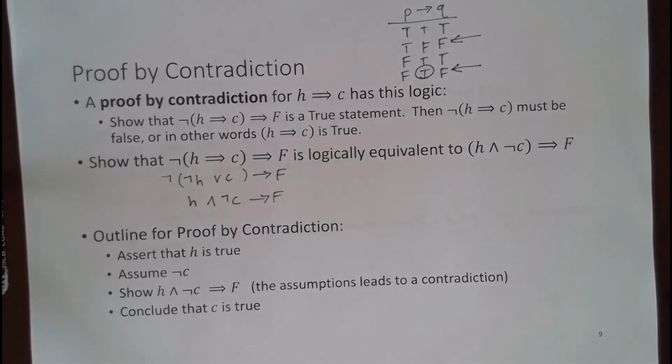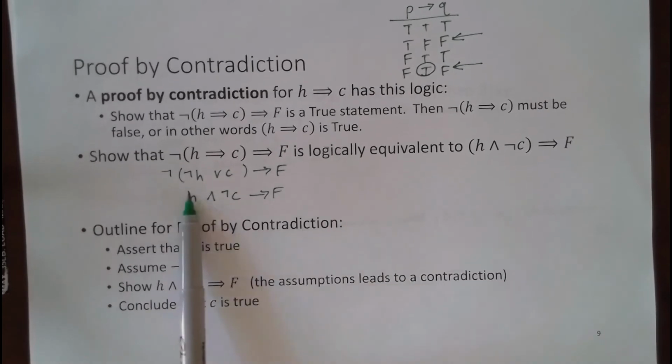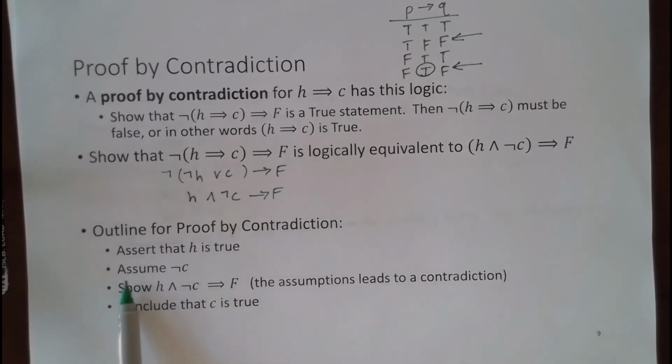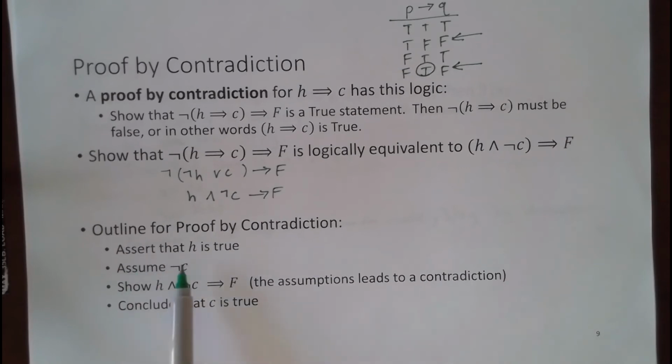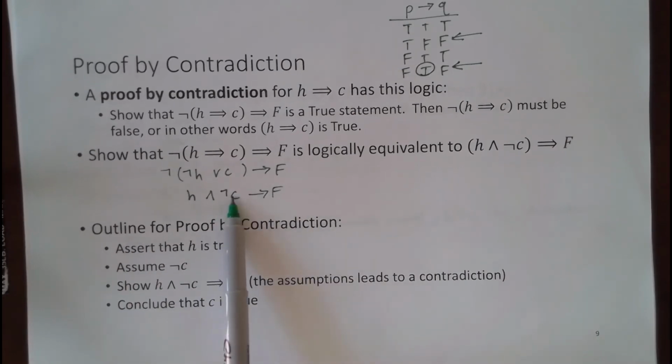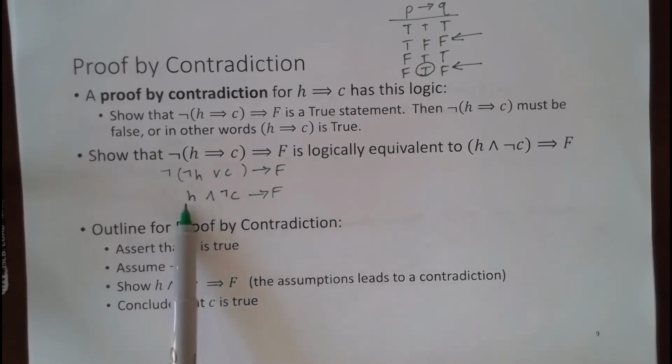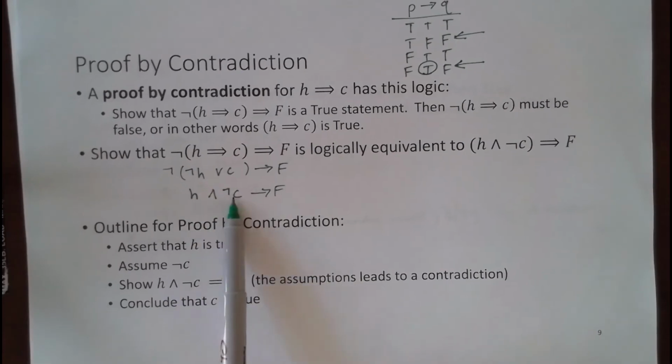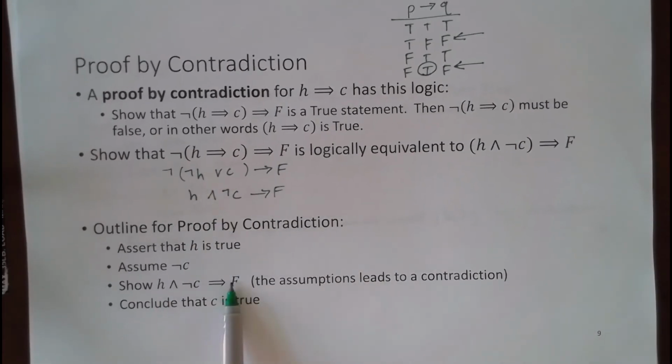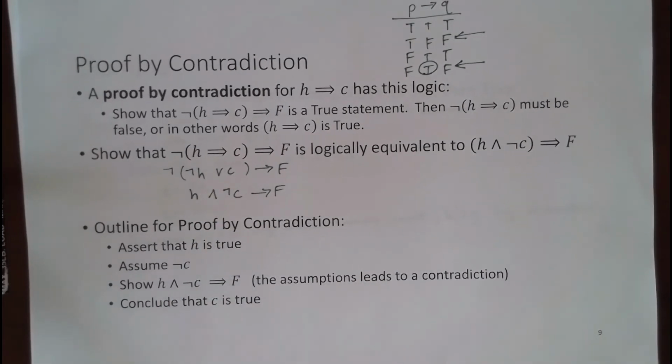Okay. So what we're going to do is assert that H is true. That's this part. And then suppose that not C is true, and show that when this is true, I get some false value. False means I just find some kind of contradiction.